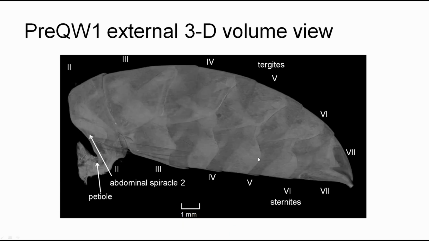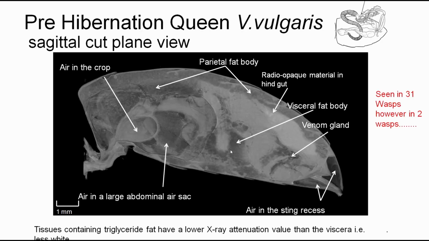But basically what we said was that if you use micro-CT and cut into the middle of the abdomen in a sagittal or parasagittal plane, the typical appearance was something like this shown.